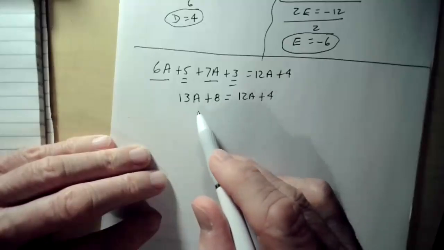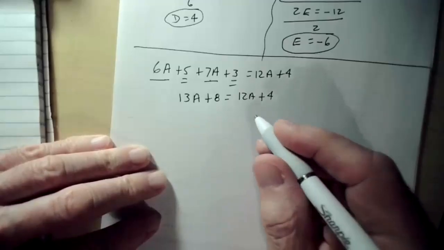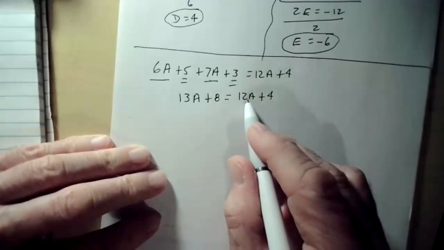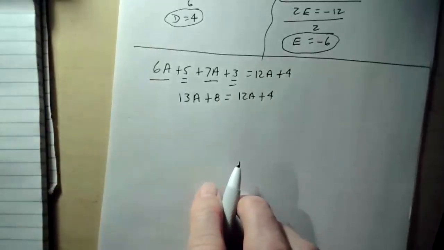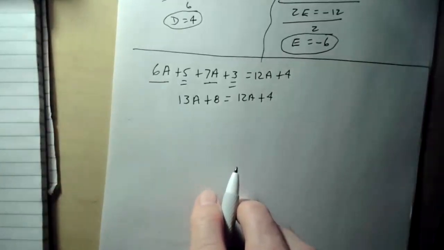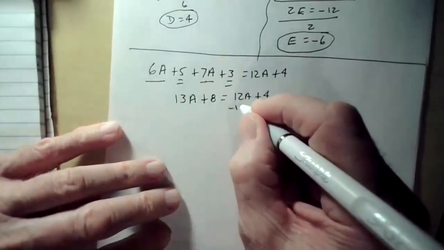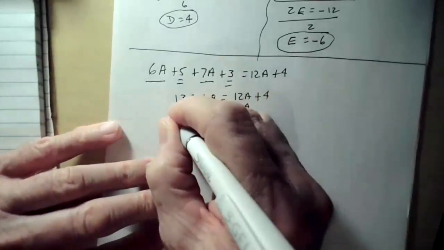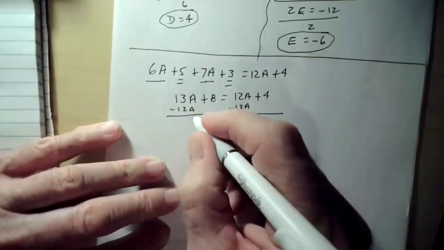Now, for right now, we're just going to move one thing at a time. Later on, when you get used to doing these, we can move the 12 over here and the 8 over there. And that is okie dokie. But for right now, let's just do one at a time. Subtract 12a from each side.